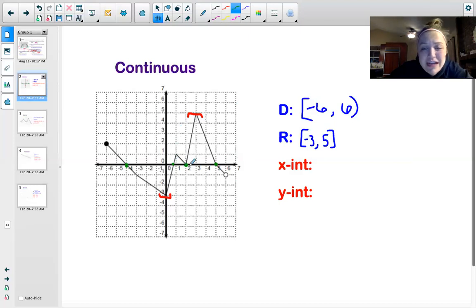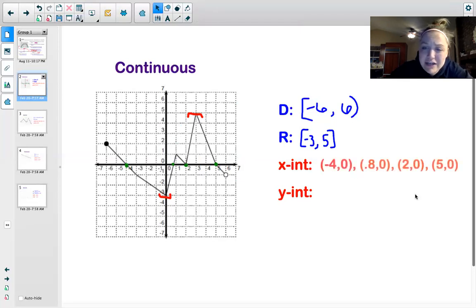This one is to the right 2 spaces up 0. This one's to the right 5 spaces up 0. So look at all these x-intercepts. Bam! Apparently that was about 0.8. So -4, 0, 0.8, 0, 2, 0, and 5, 0. There are 4 separate x-intercepts, and I just list them with a comma between the different x-intercepts.